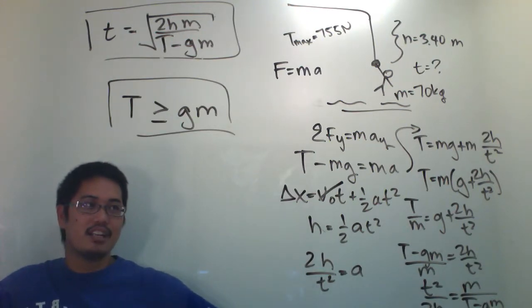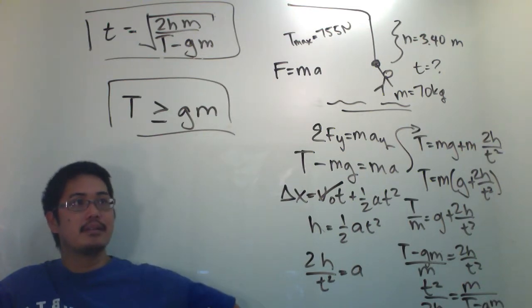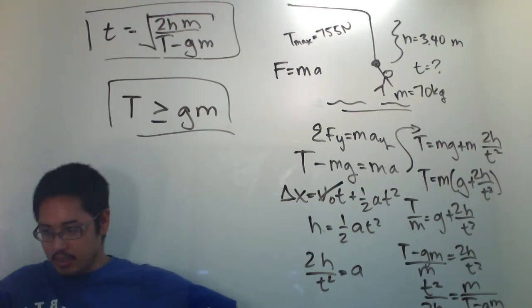That's where you have the maximum tension of 755, where you can only go to that point before the rope breaks because of how much it can hold based on the weight. No, you're going in a different direction there.